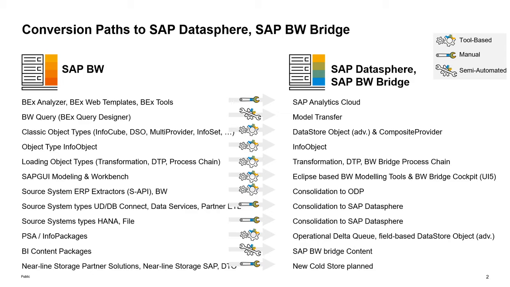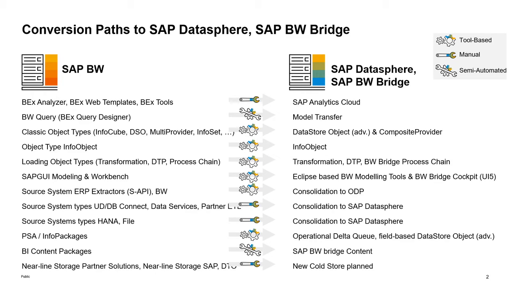When we look at our loading object types, things like transformations, DTPs, process chains, all the really important loading steps to us, the tool also helps with that, where the transformations are still transformations, the DTPs are still DTPs, the process chain is now a BW Bridge process chain, but the tool will help us with that conversion process.